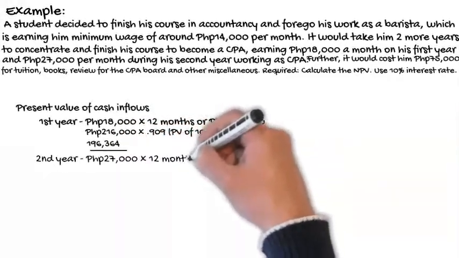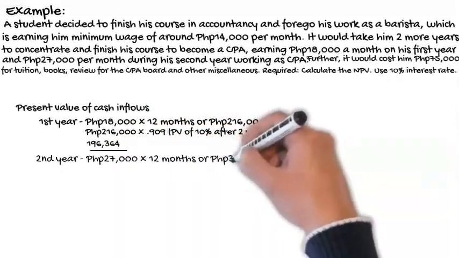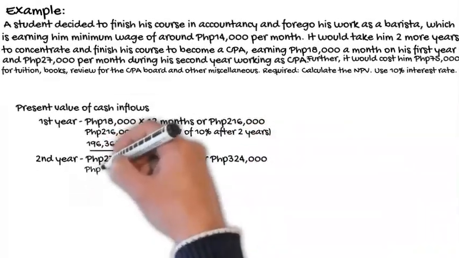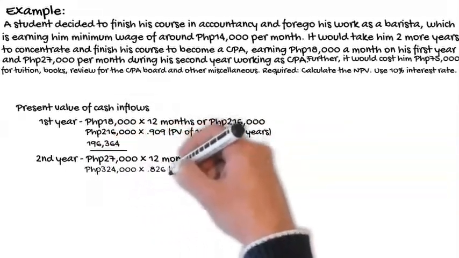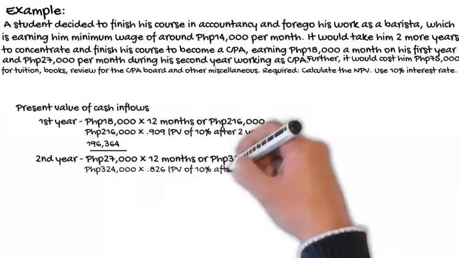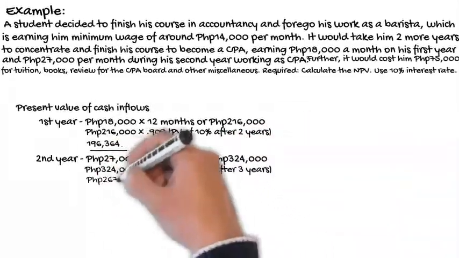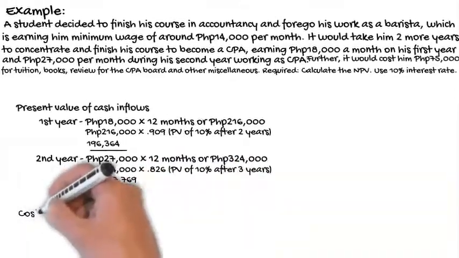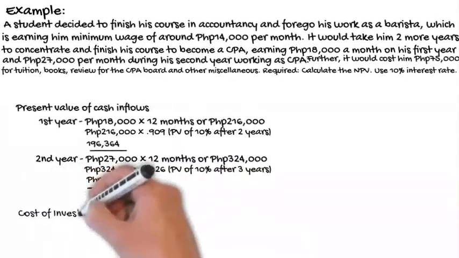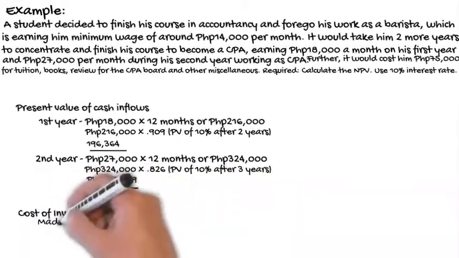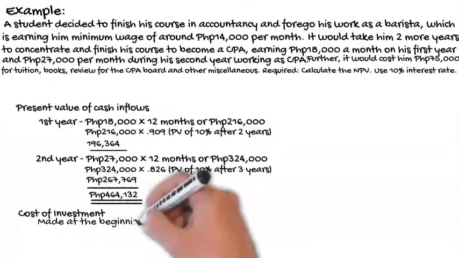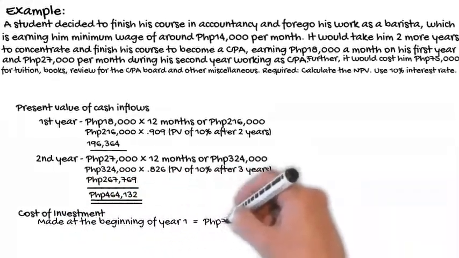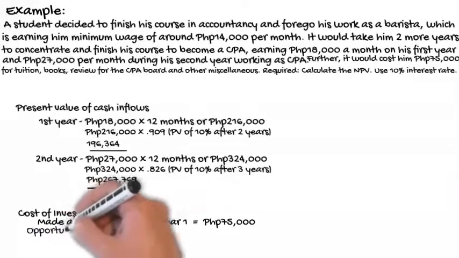And on its second year, he would be earning a higher 27,000 per month. So that's times 12. That would be 324,000 per year times the present value of 10% after 3 years. So a total of 267,769 and a grand total of 464,132.